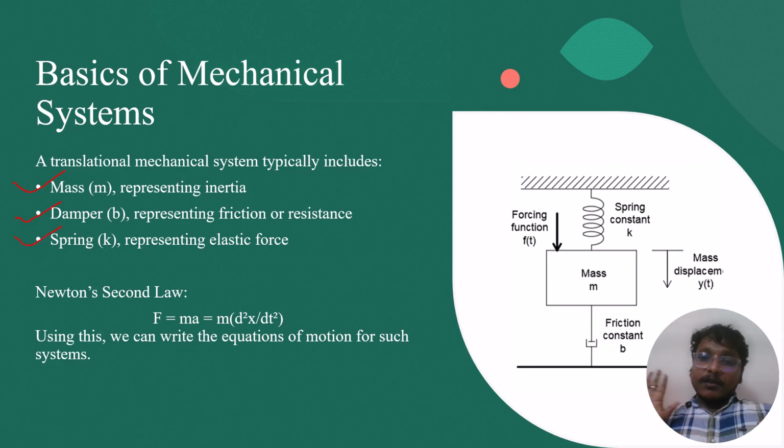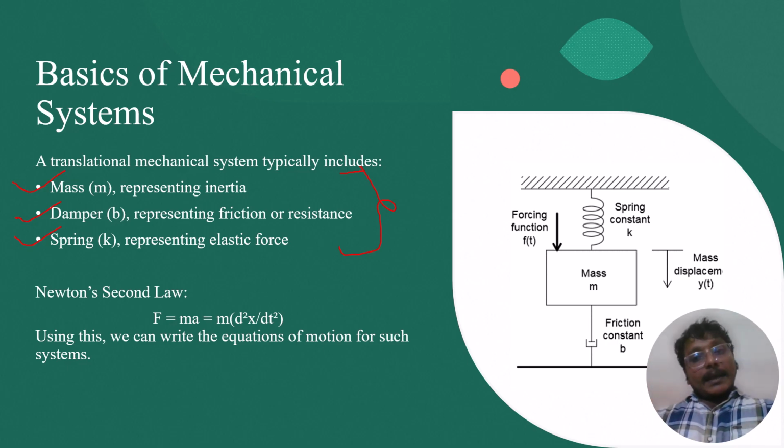When force is applied on a mechanical system, it can move vertically, horizontally, rotationally, backward, whatever it will be. Because of that, we need to consider all these three, because only when you get these three things can we convert the entire mechanical system into a mathematical modeling.